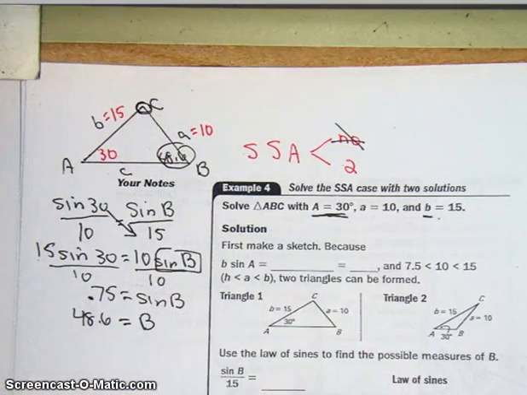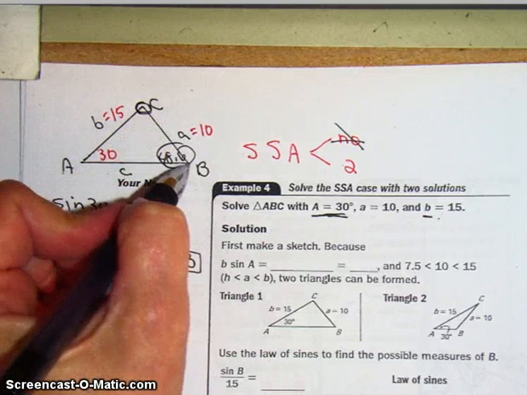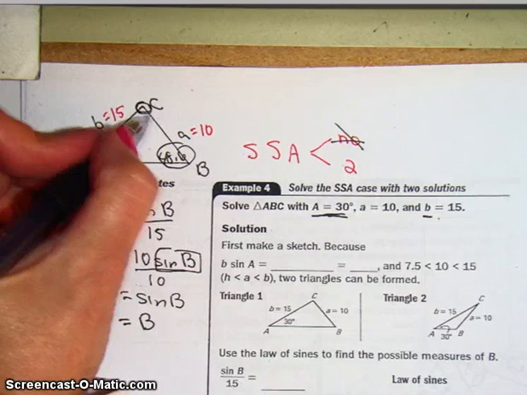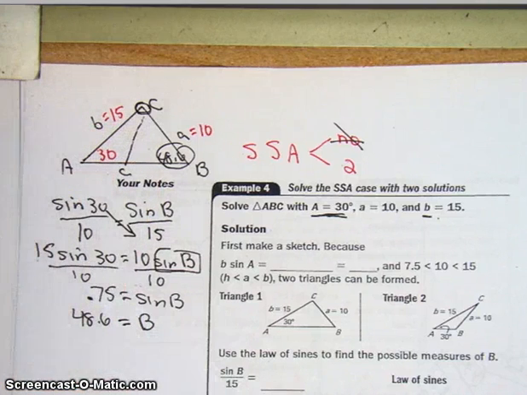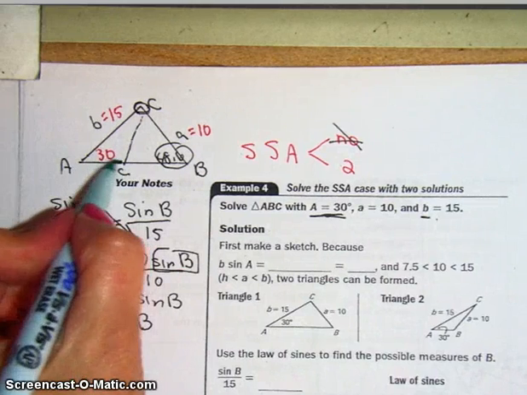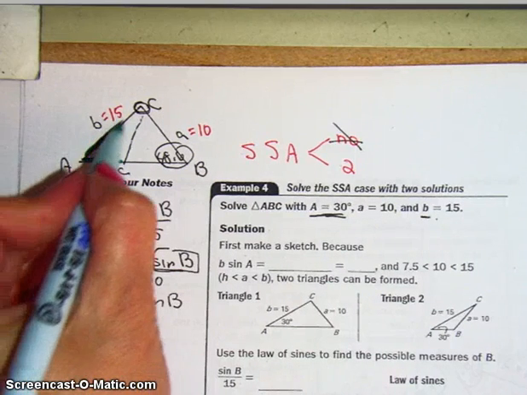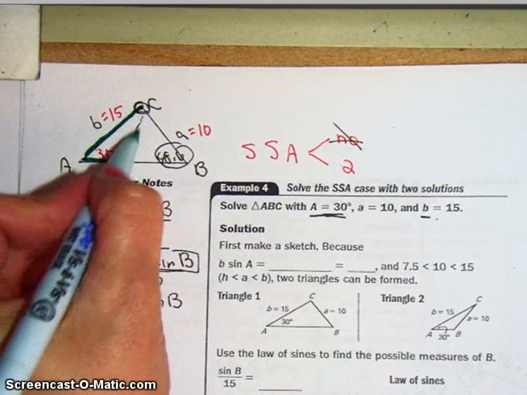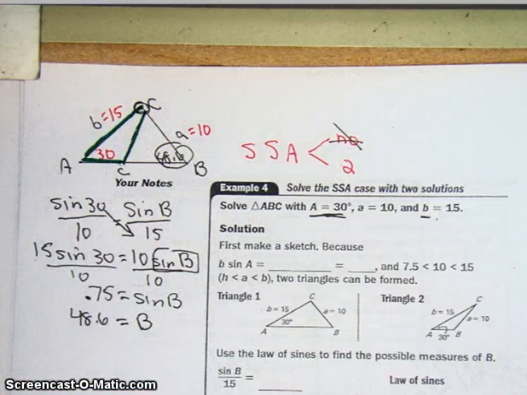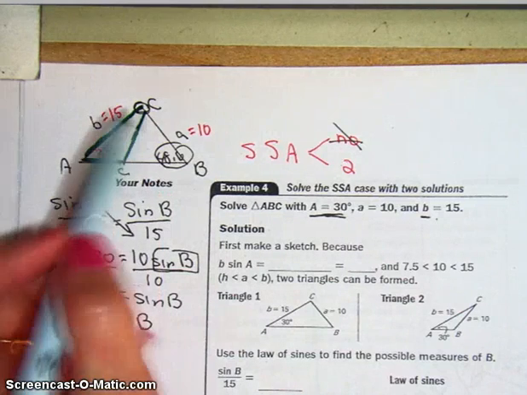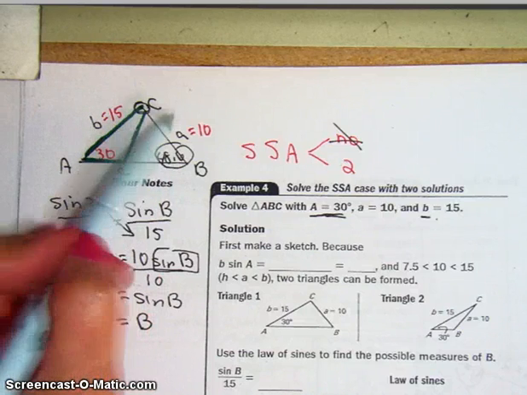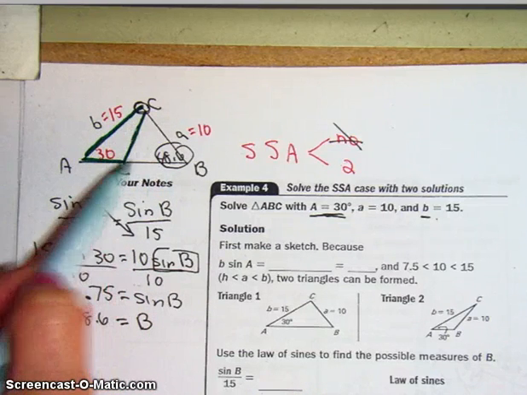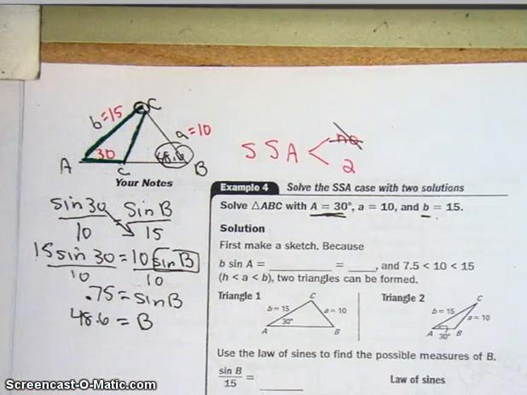This side CB is going to swing in and make a brand new triangle. See the green triangle? That's our second triangle. So CB is a hinge. It swings in and makes a brand new triangle.